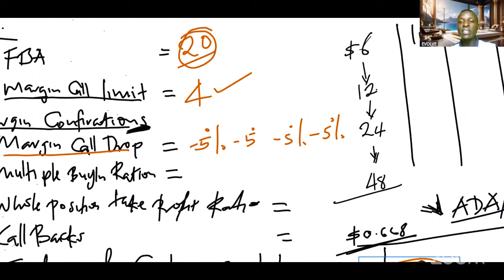We want to get the two answers, the figure for the first buying amount and the margin call limit. So we are saying 6 plus 12 plus 24 plus 48. So that is $90.